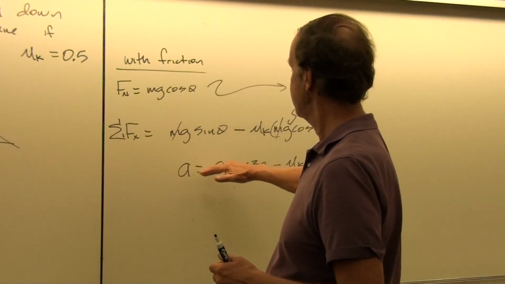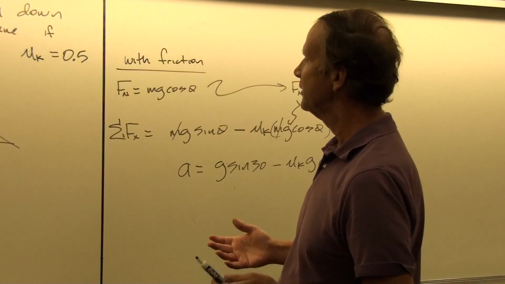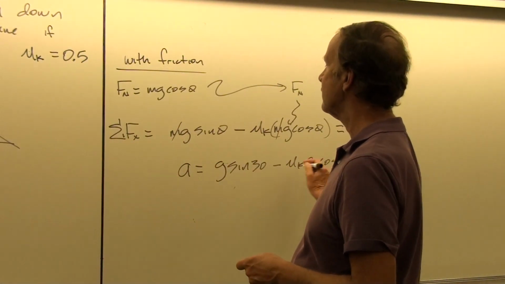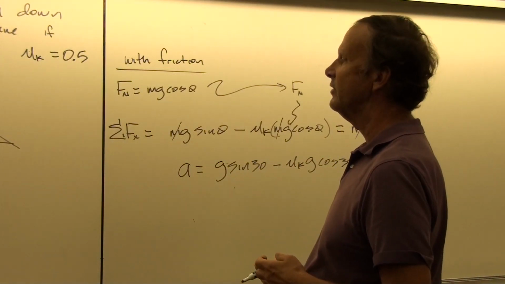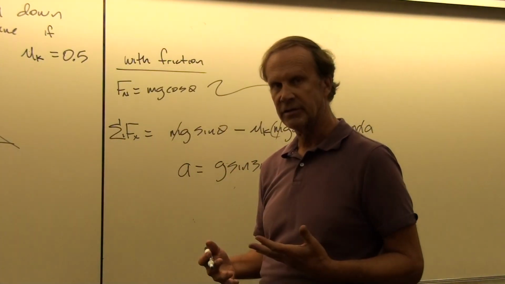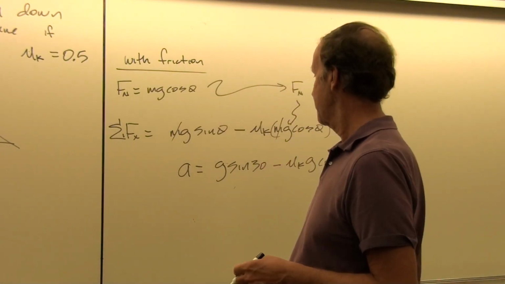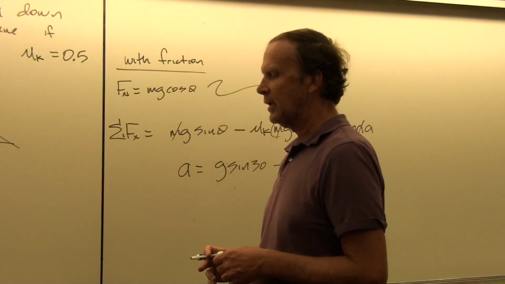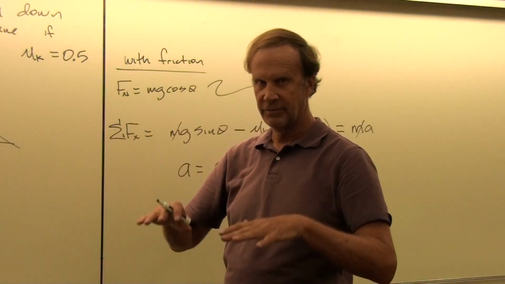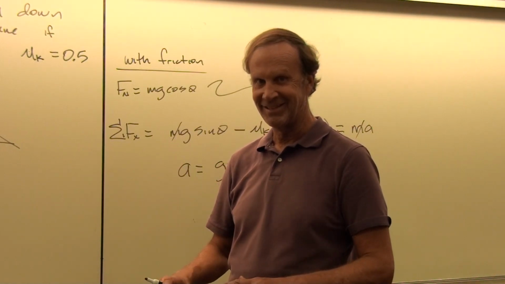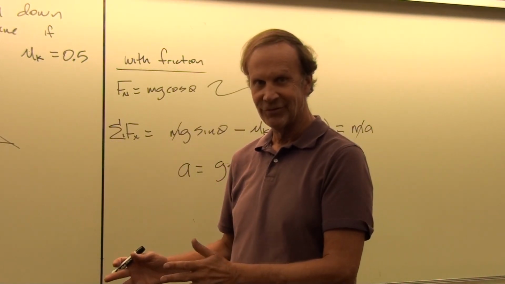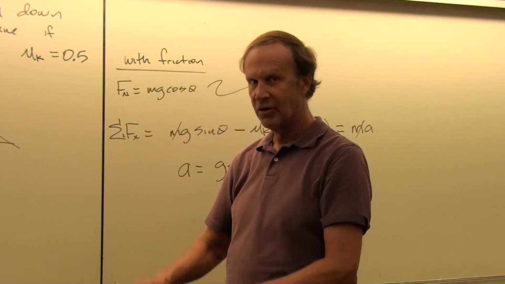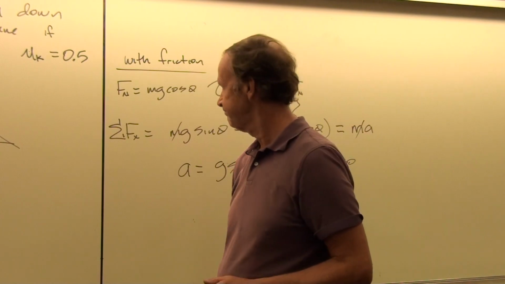Anytime a physical quantity cancels out of one of these equations, it means that the result does not depend on that quantity. It's kind of the same reason that the acceleration due to gravity in free fall doesn't depend on the mass either. There's more inertia, even though there's more force with a bigger mass. And so that happens on an inclined plane, or with vertical free fall as well.